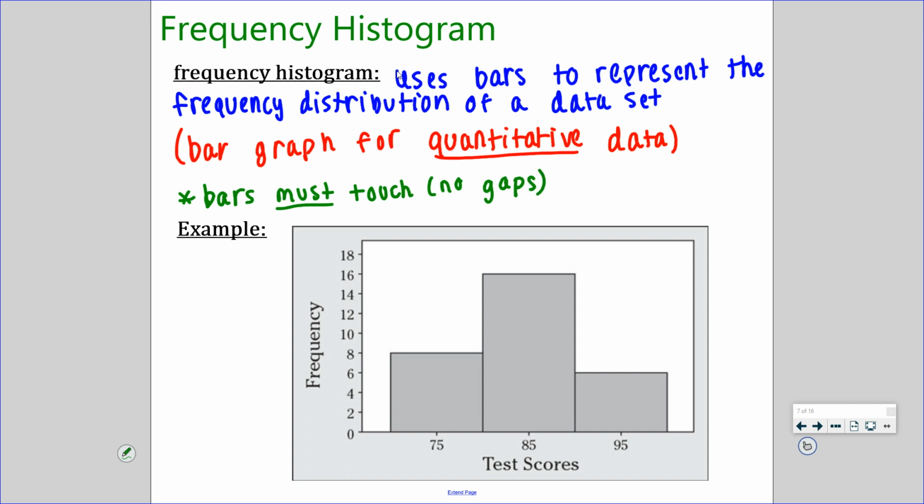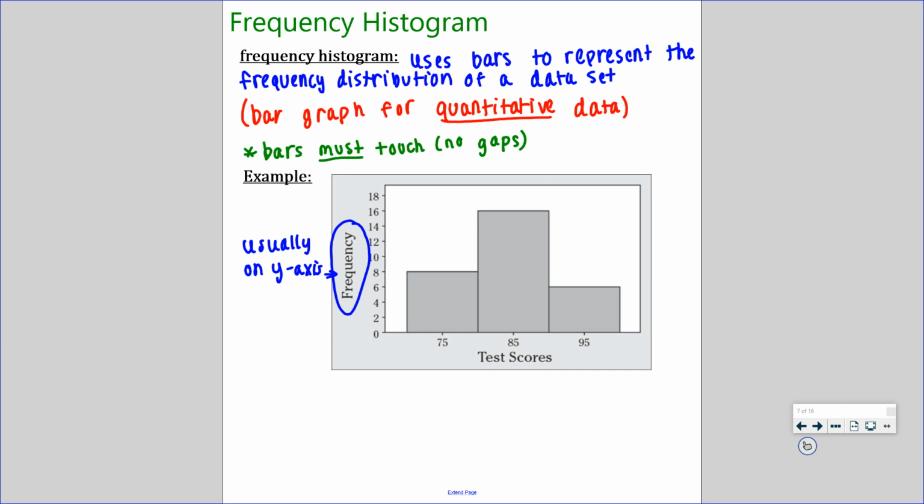Your class is usually represented on the x-axis. Here I was looking at test scores, and your frequency is usually on the y-axis. It's showing how many test scores were in each range, each interval, each class.